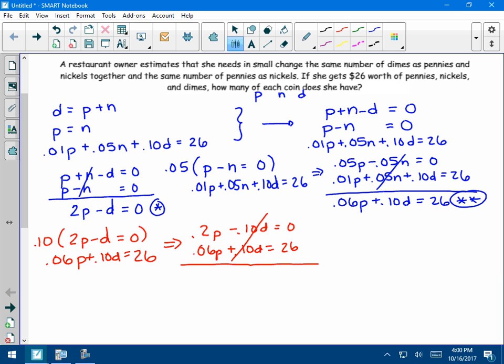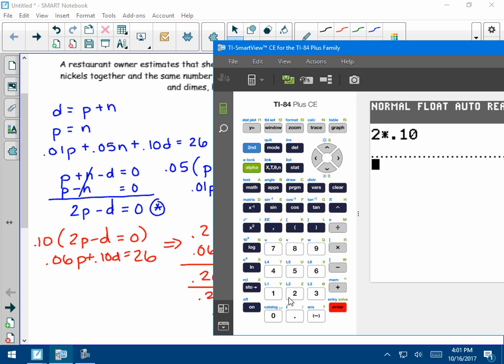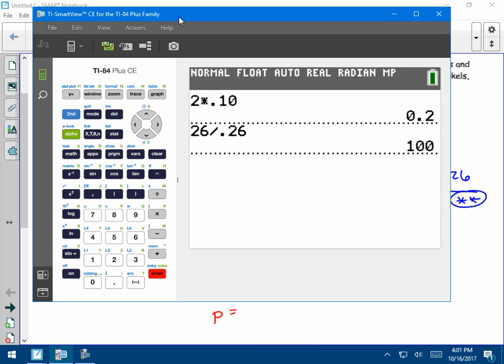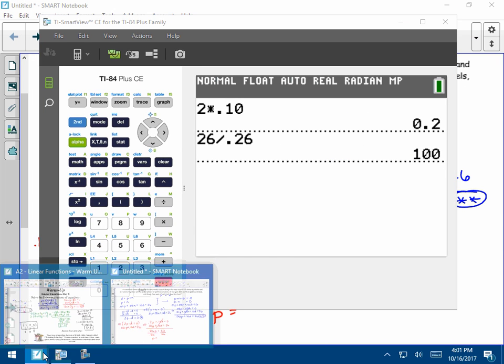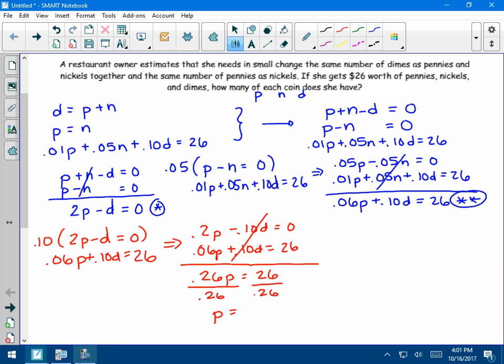So the d's are gone. 0.26p equals 26, divided by 0.26, and p equals, hopefully you know that's 100, in case you don't, 26 divided by 0.26 is 100. So I got 100 pennies.